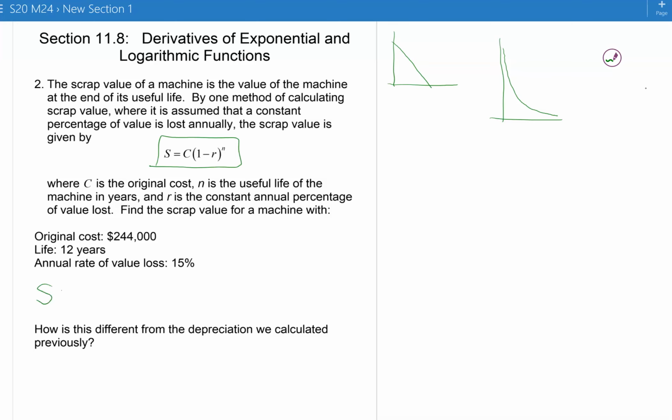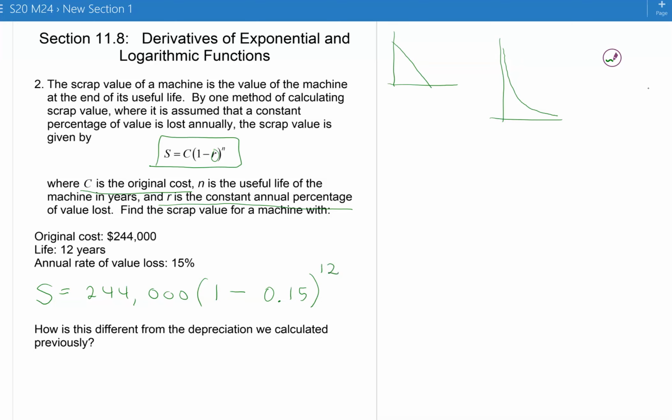So S is going to equal, C is the original cost, so I'm going to put 244,000. Then 1 minus. Whenever you have a rate that's a percentage rate, you always turn it into its decimal equivalent to use it in a calculation. So it's going to be 0.15. And then n is the number of years.